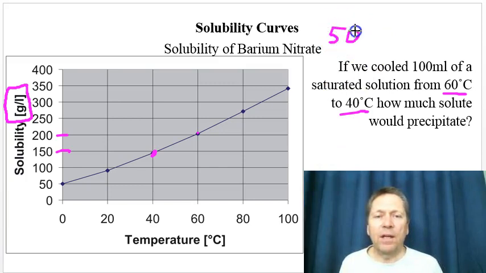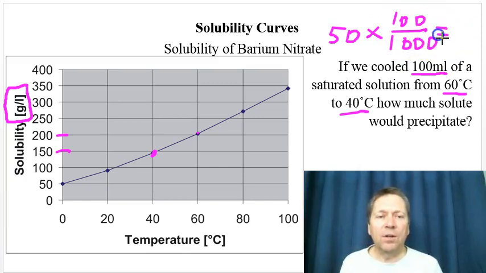So I just pop that down there, 50 grams per litre. But we don't have a litre. We've only got 100 millilitres of solution. So it's 10 times less. It's going to be times 100 over 1,000. And that's going to give us an answer of about 5 grams. 5 grams will come out.